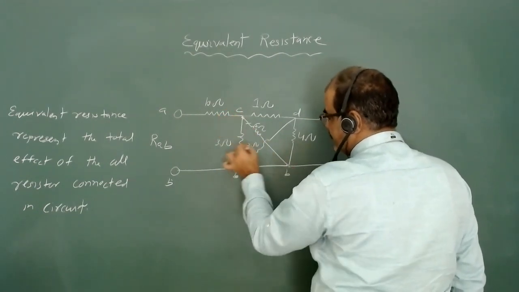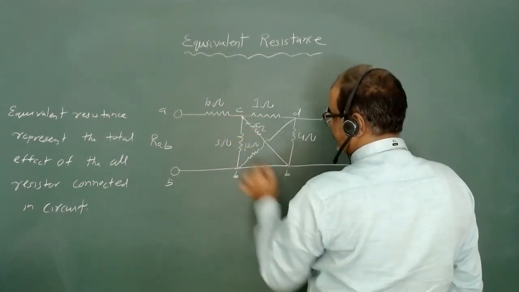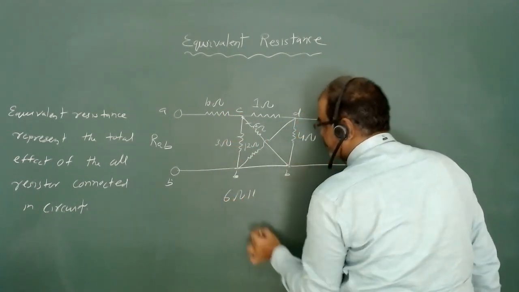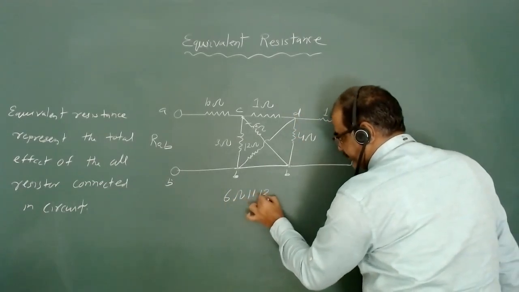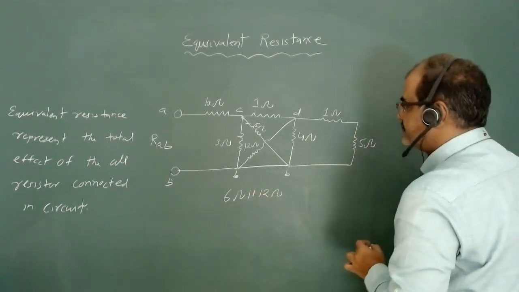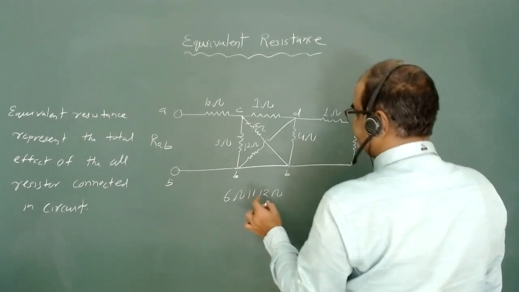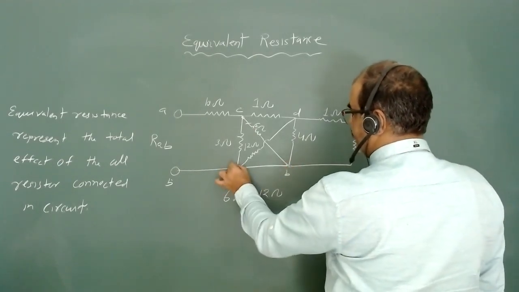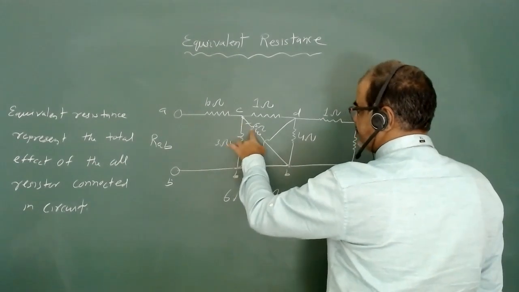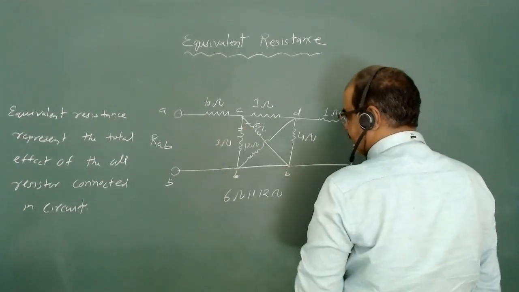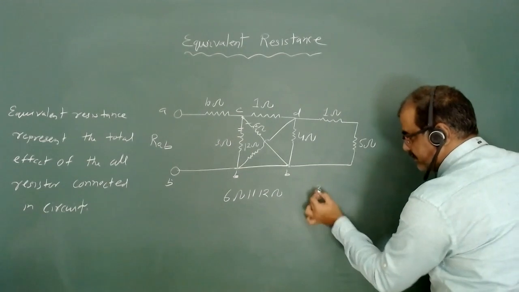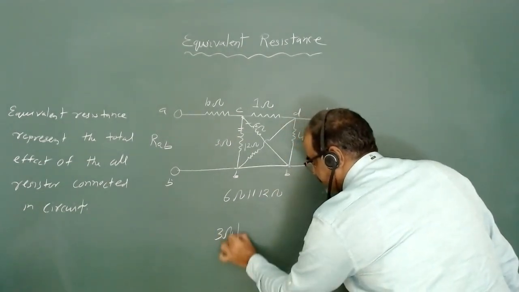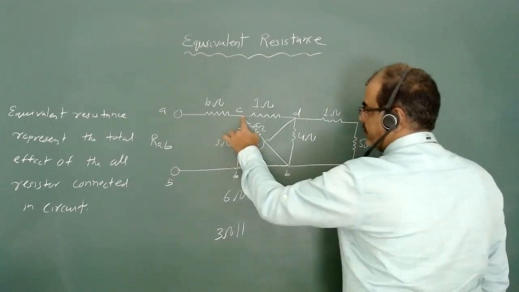So 6 ohm is parallel to 12 ohm. Similarly, at this point, 3 ohm and 6 ohm resistances are also in parallel. So the 3 ohm resistor is parallel to 6 ohm.